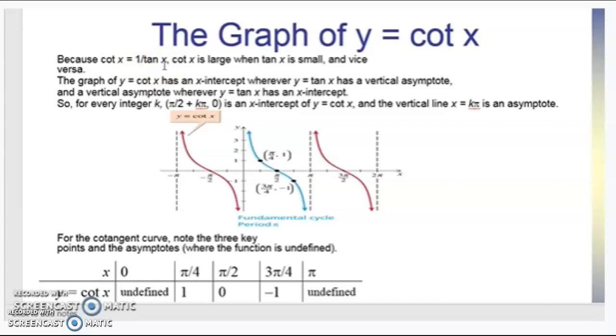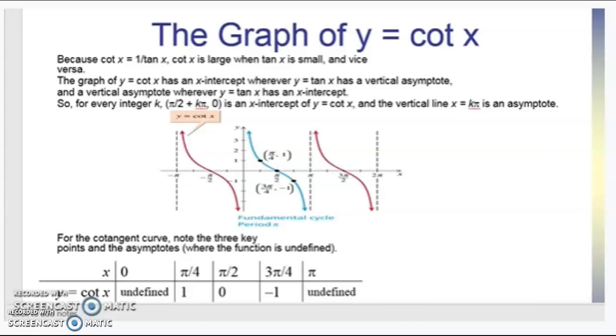Again, we cannot divide by 0, so whenever the tangent function equals 0, you will have an asymptote on the graph of the cotangent function. Like the tangent function, the period of the cotangent function is also pi. And the fundamental cycle is color-coded in blue on this slide.